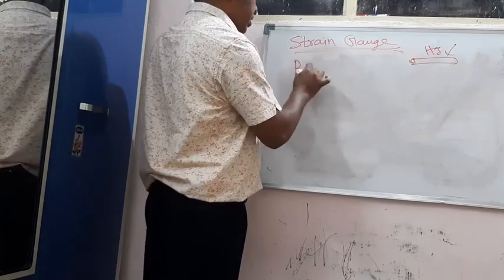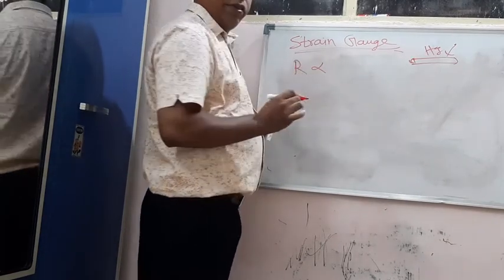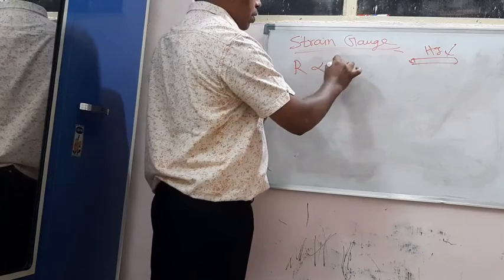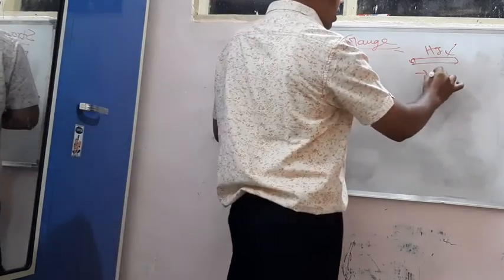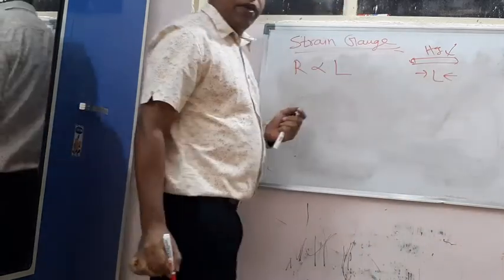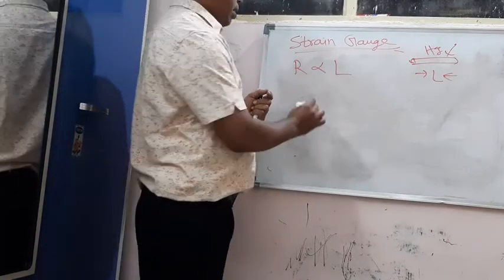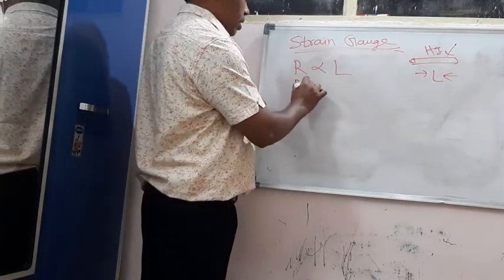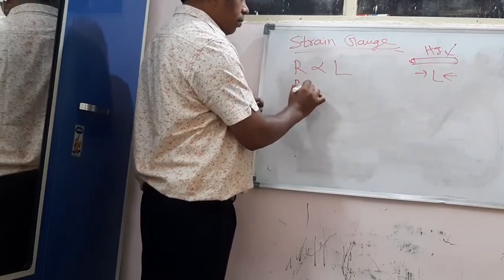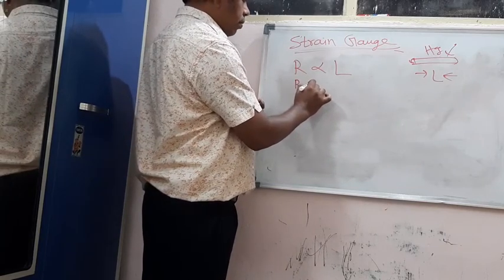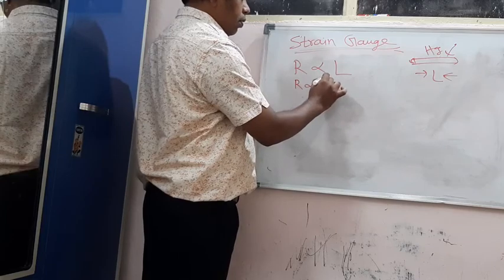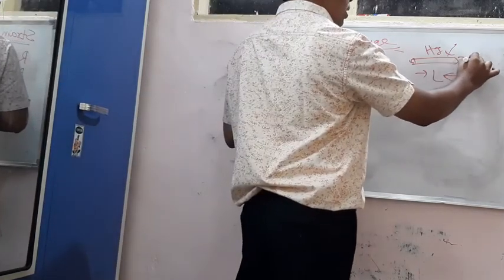Resistance is directly proportional to the length of the mercury container and inversely proportional to its thickness.